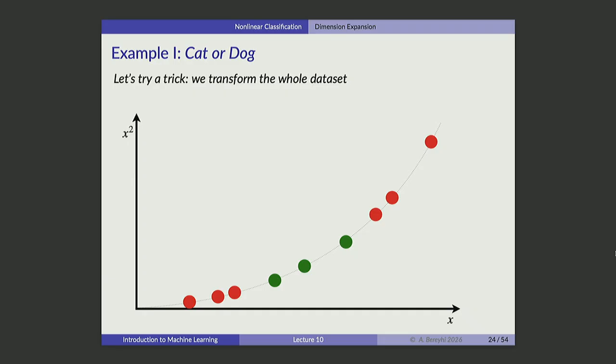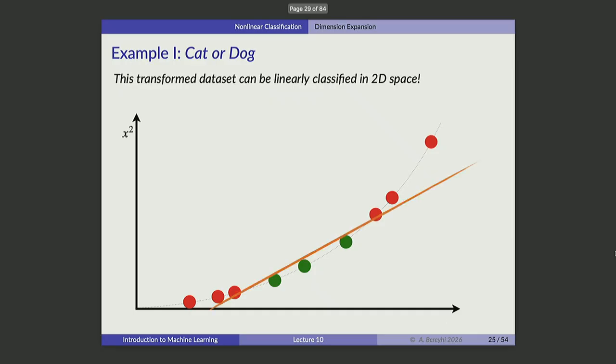Now, looking at this, is it linearly separable now or not? Maybe the curve is not perfect, but if I exaggerate that quadratic function, then these guys are going to get into the belly, and these guys are getting on the tail, and then there is one line which is passing through them.